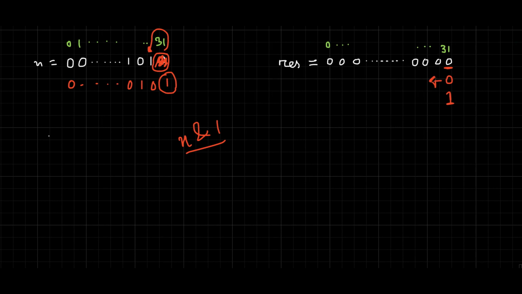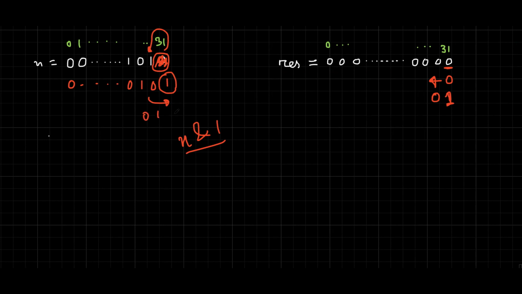So it is another shift. Now if we shift 0 by 1 position, the 0 will be placed here and we will apply OR to add 1 into this position.